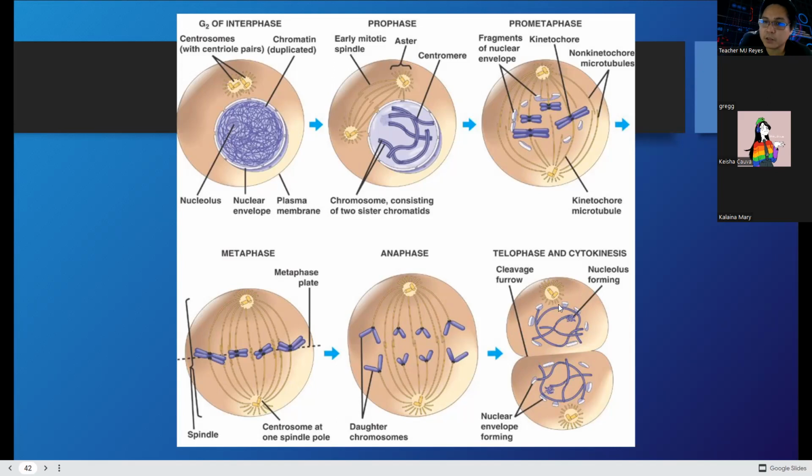The nucleolus reappears. Spindle fibers disappear. And of course, a cleavage is formed in animal cells. In plant cells, it has a cell plate. Afterwards, it will become two daughter cells.